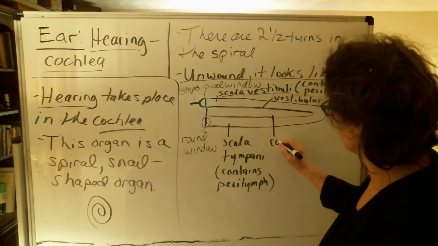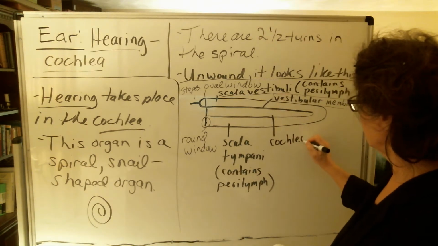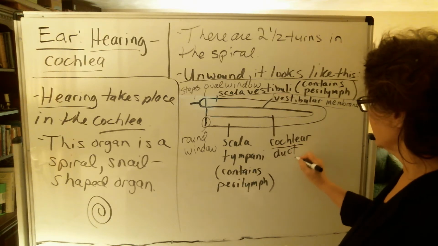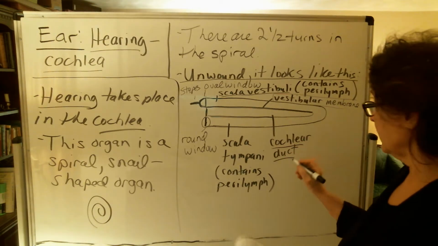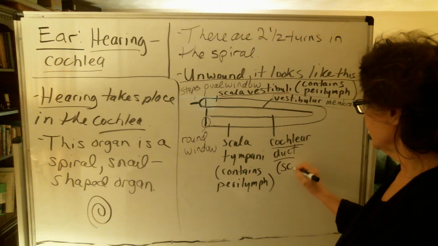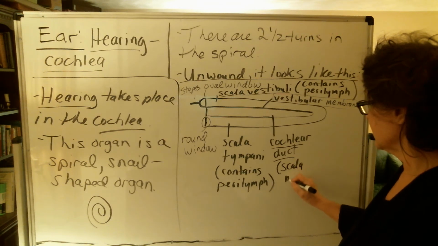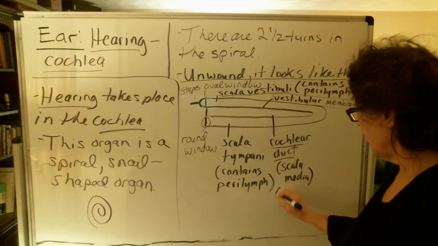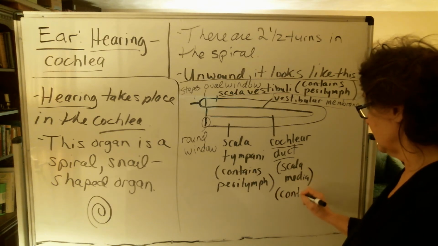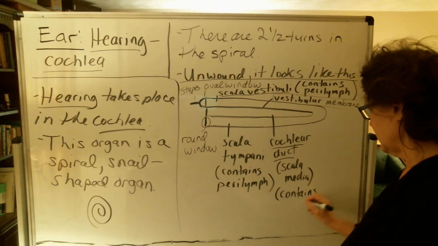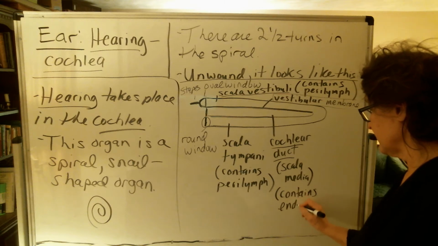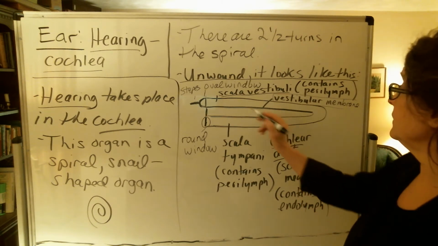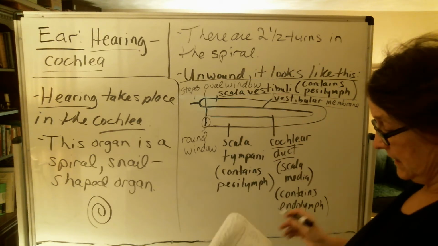This is the cochlear duct. So this is actually kind of a different place here, also sometimes known as the scala media. This, meanwhile, contains endolymph. So we have a different fluid in here.